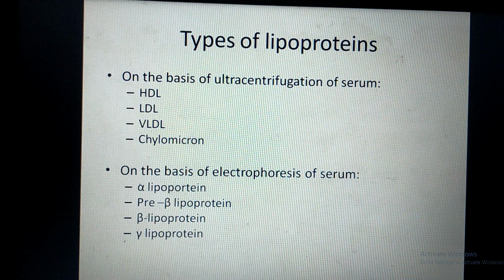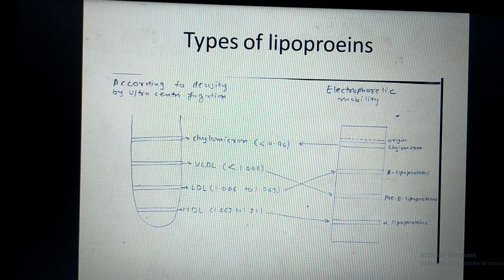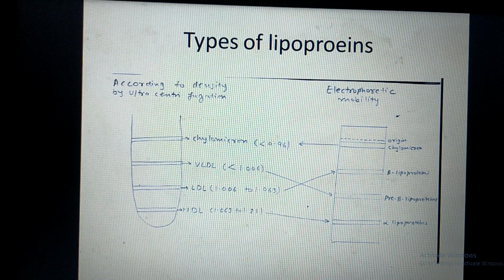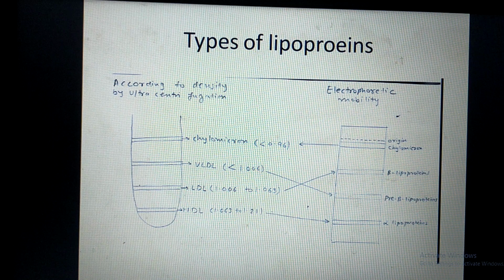Now lipoproteins are also classified depending upon their electrophoretic mobility. On the right side, I have shown the four different bands of lipoproteins. If we apply a serum at the origin, these lipoproteins migrate towards the positive terminal. HDL shows the highest mobility and moves farthest, and is called the alpha lipoprotein band.